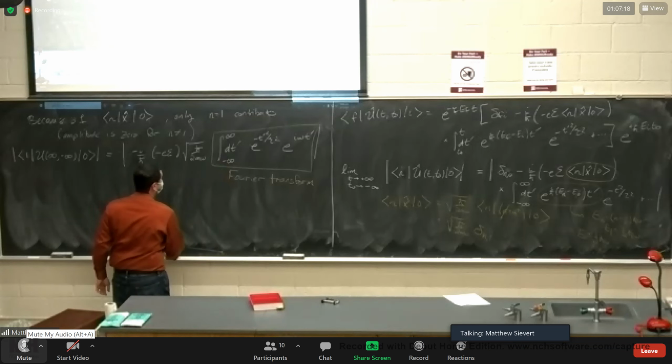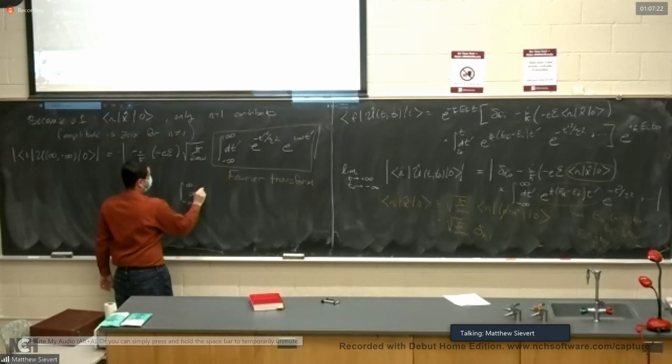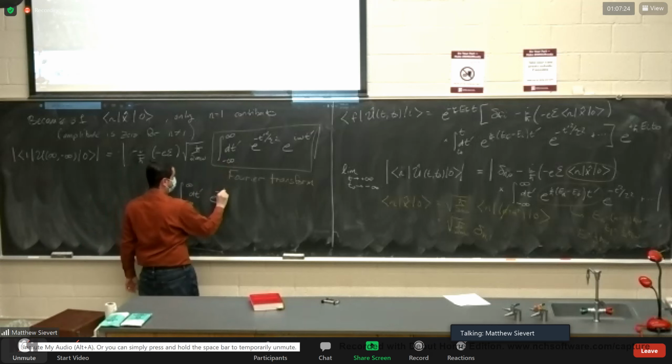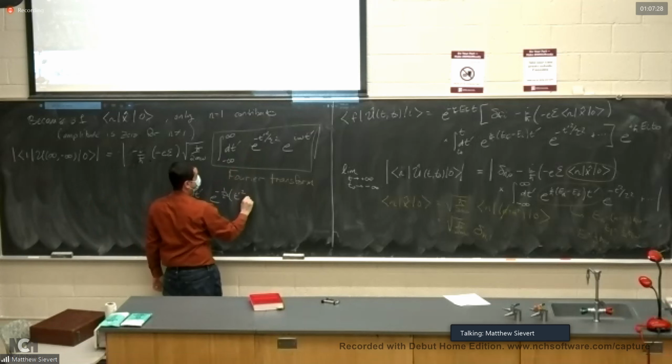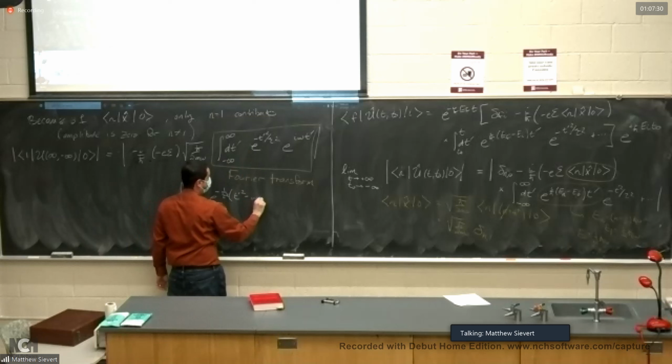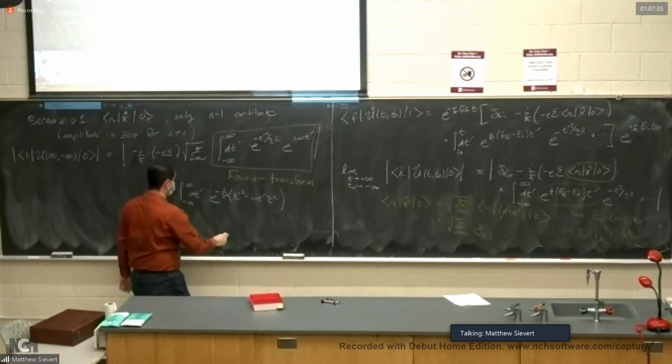You complete the square. This is integral minus infinity to infinity, dt prime, and I write this as e to the minus 1 over tau squared, in the numerator, I have t prime squared minus i omega t prime tau squared. That is 2/3 of a complete square.